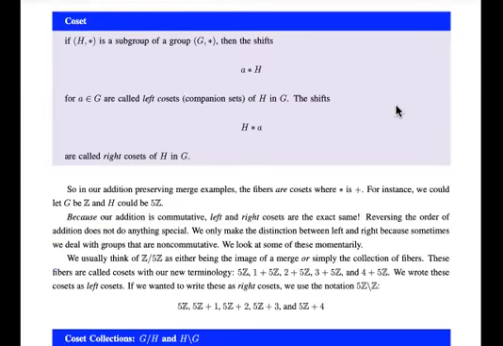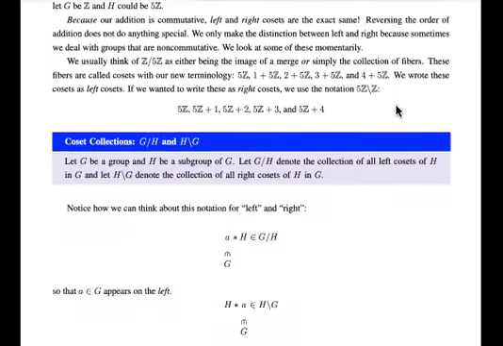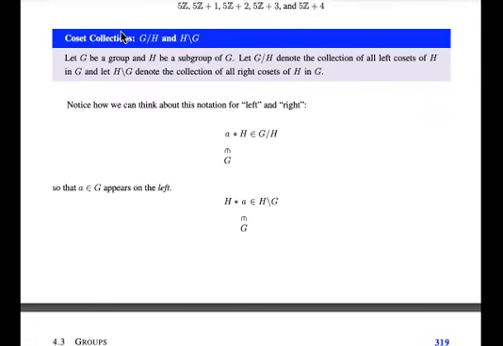So that's basically what a coset is. Now, sometimes there is a little notation, depending on if our operation is not commutative in our group, then this might be important because maybe we're adding on the right versus the left.